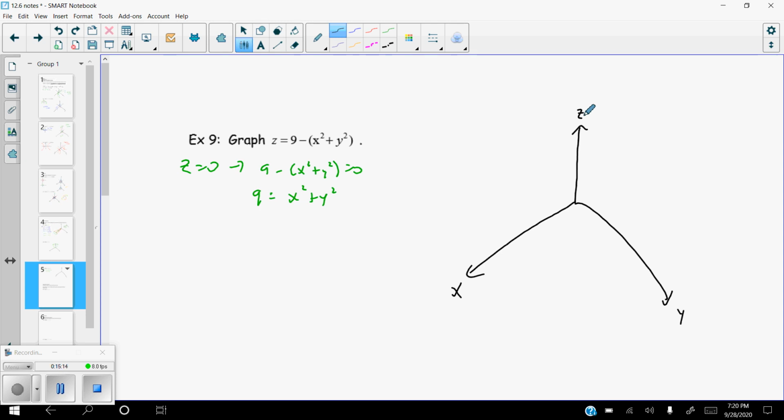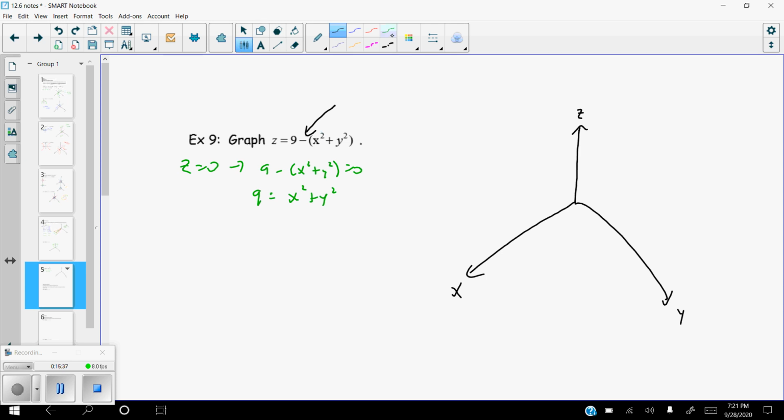It also says, well, what if we let x and y both be 0? Then you get z equals 9. So we know that this thing is going to top out at z equals 9. And the minus sign right there indicates really that this thing should be opening down. Just like if you would have z equals 9 minus x squared. Opens down, intercept at 9.